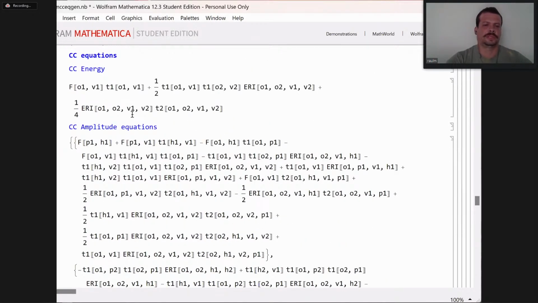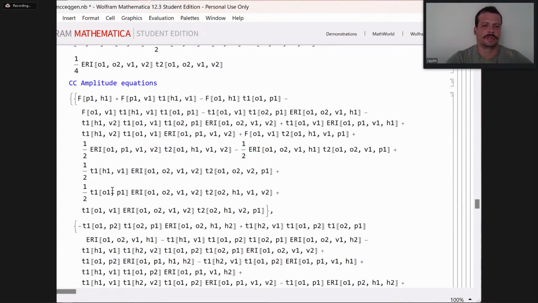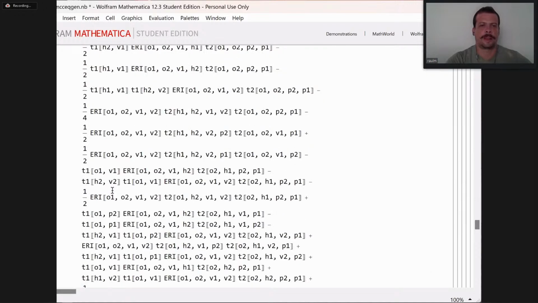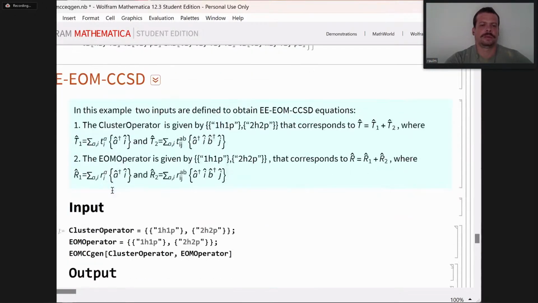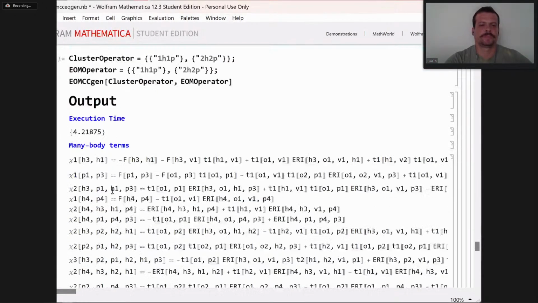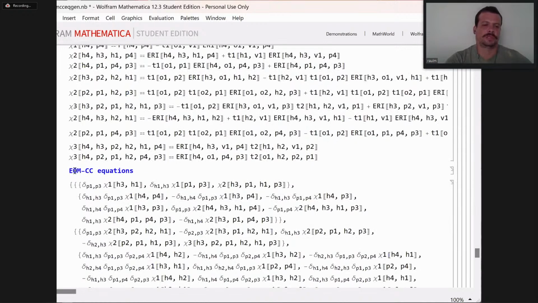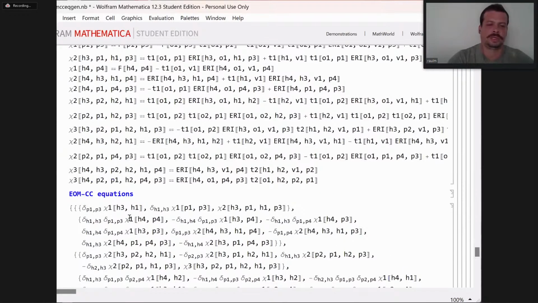So first we obtain the energy. First we obtain the expression when we project in the singly excited state, and then with the doubly excited state. Yeah, for the equation of motion coupled cluster, we are using these many body terms, and then the expression of the equation of motion. So we see that here we have these many body terms already.